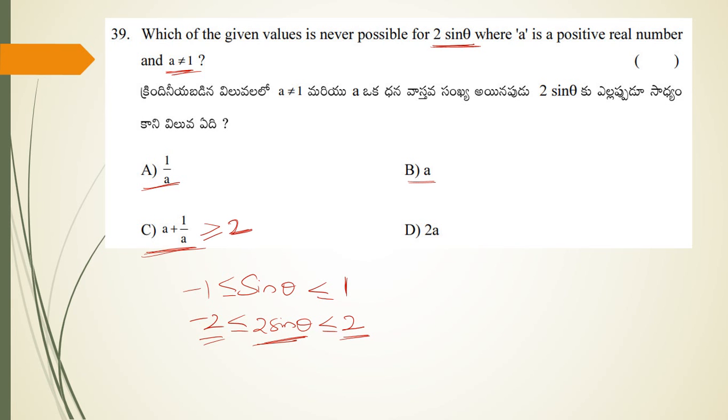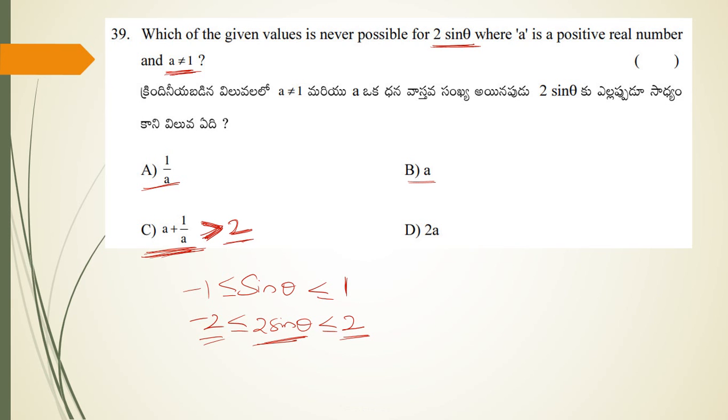This equality holds only when a is equal to 1. Since it is mentioned that a is not equal to 1, it is always strictly greater than 2. So a plus 1 by a is greater than 2.